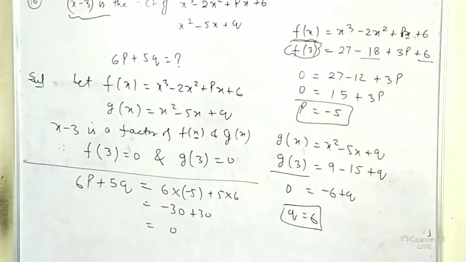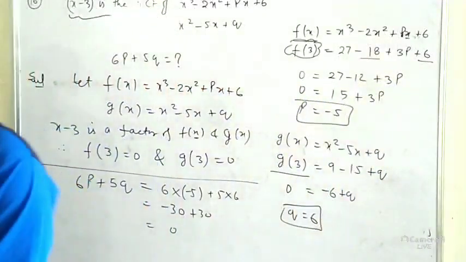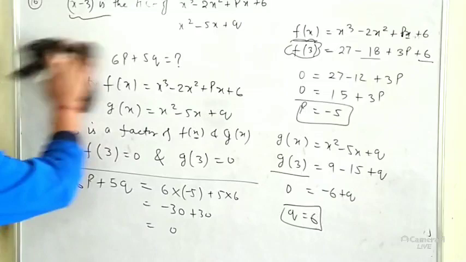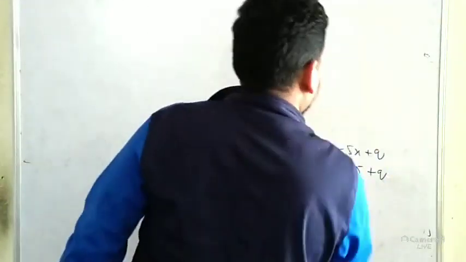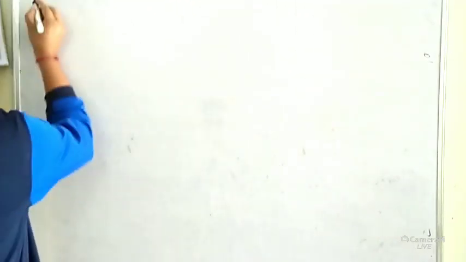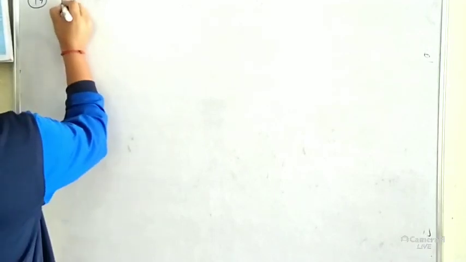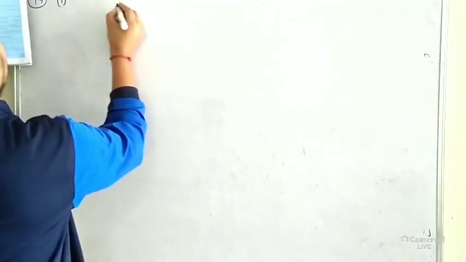Okay, next after that, I am taking question number 17. 17 and 18 are both the same, so I am taking any one. 17 first part: what number must be subtracted?